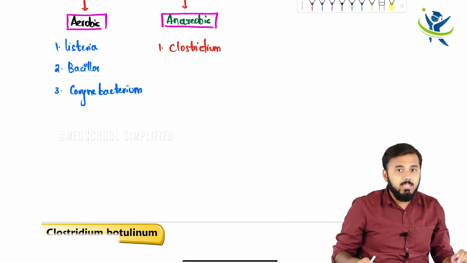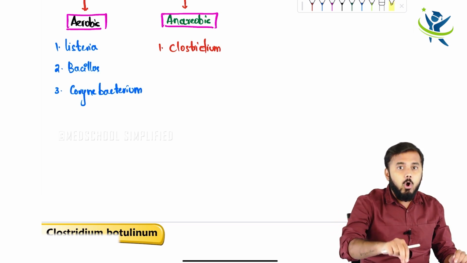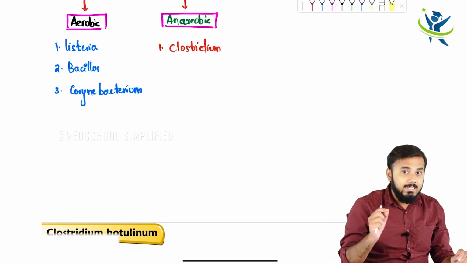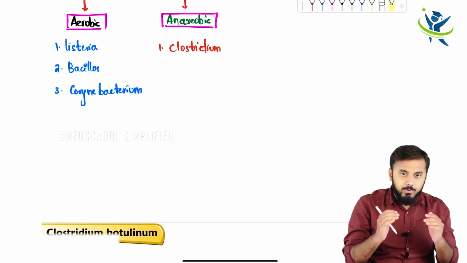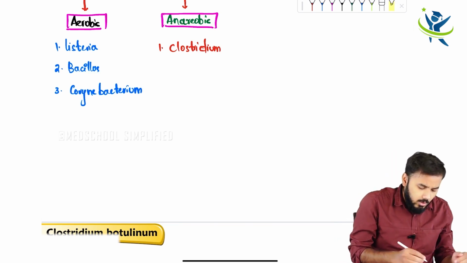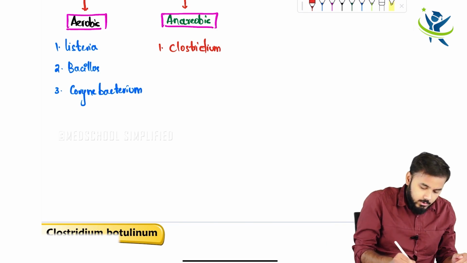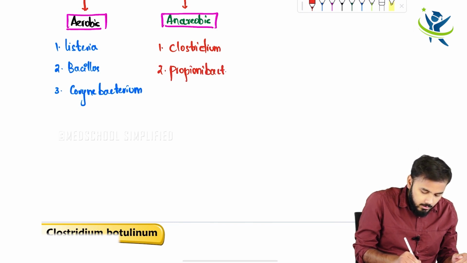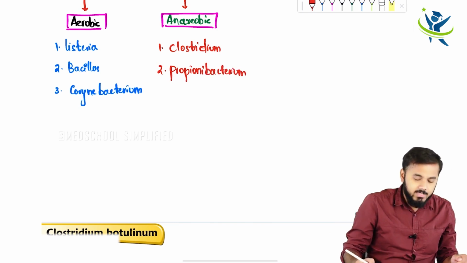Keep in mind that if you provide oxygen to such organisms, they will die. Why, I'll tell you in a minute, but before that, let us list out the organisms. The second organism will be Propionibacterium.